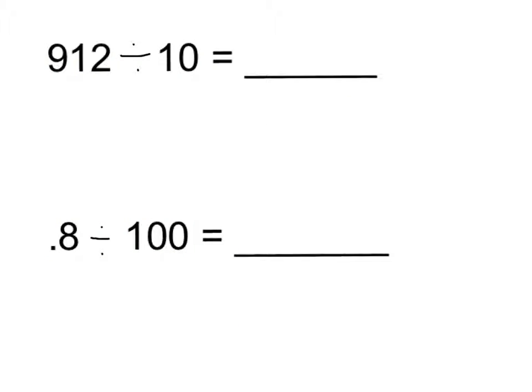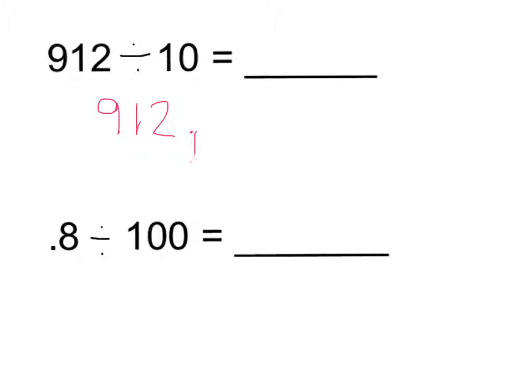Here are 2 problems where we're going to practice using the powers of 10 to solve some division equations. Remember, when you move the decimal place to the left, it's the same thing as dividing by 10. So let's start with 912 divided by 10. We're starting out with an easy one. 912. My decimal place is on the right, and I need to divide it by 10.